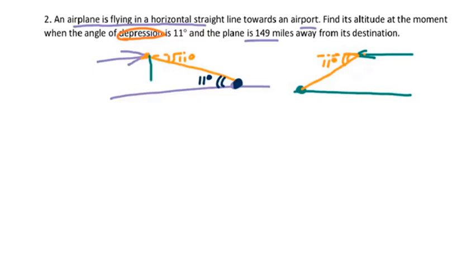Now, here's the height we are looking for. Same thing. This is a right angle. This is the height. This will be 11 degrees. And here is 149 miles.